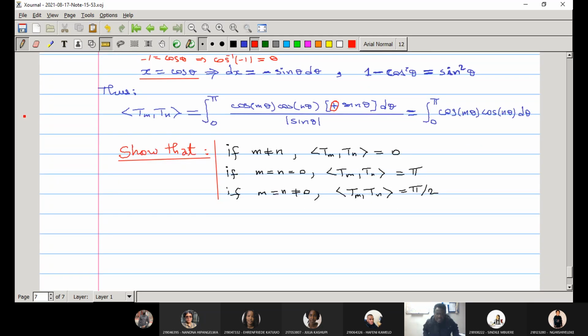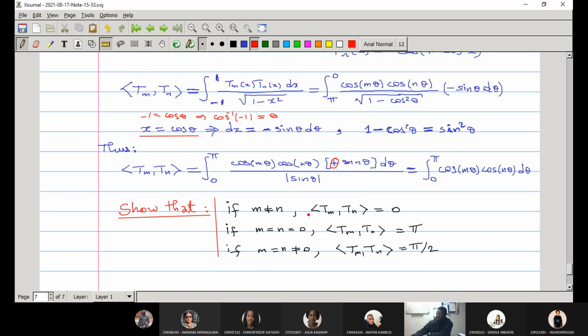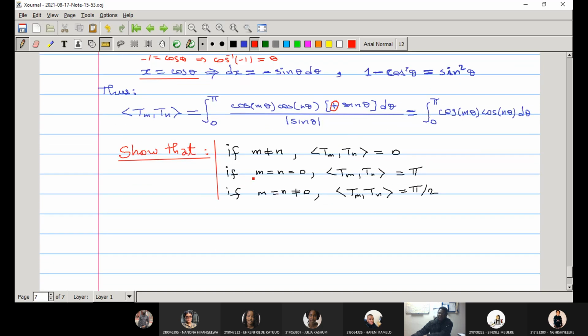Okay, so that is it for the property of the orthogonality. We can see that this is orthogonal. This already shows you that the Chebyshev polynomials are orthogonal, right? And for the other values, you have a constant term here.